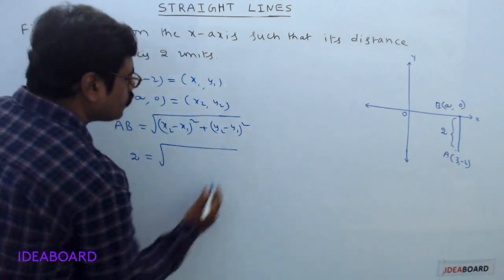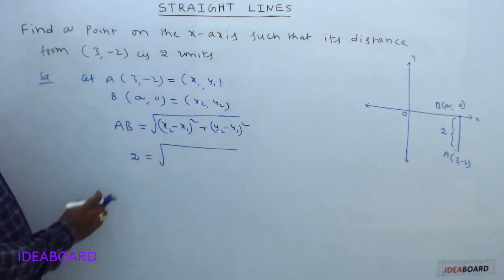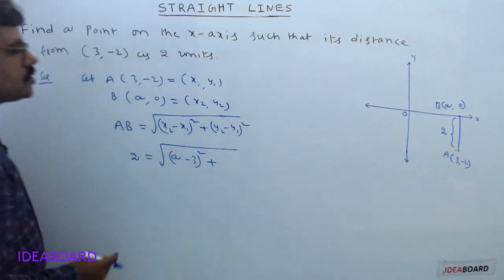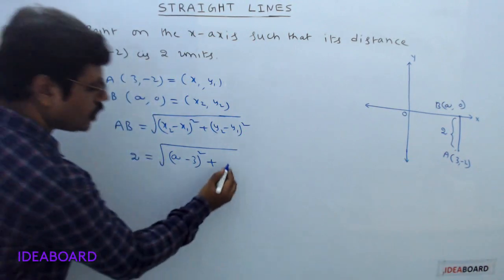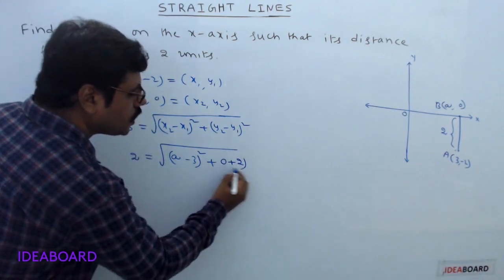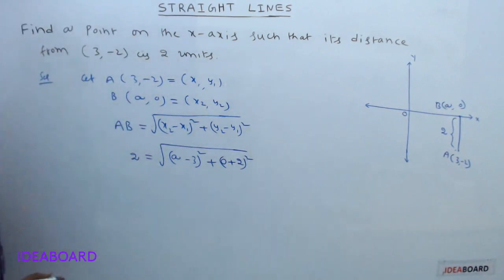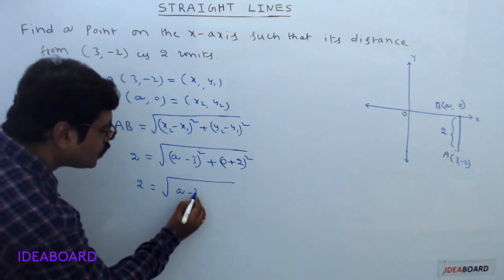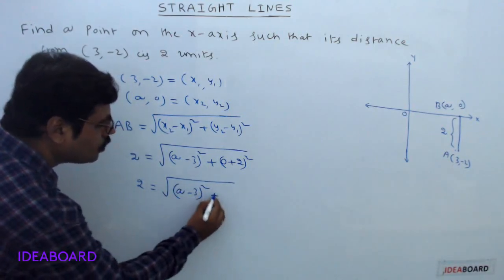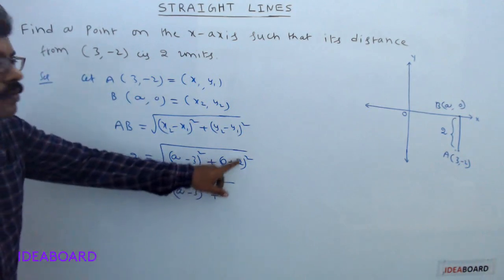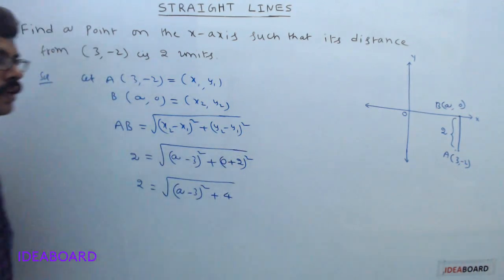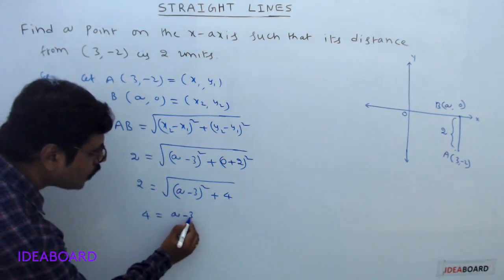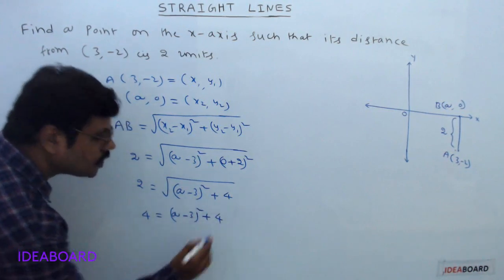It is the square root of (a minus 3) whole square plus (0 minus of minus 2, that is 0 plus 2) whole square. Now 2 equals the square root of (a minus 3) whole square plus 2 square, 4. Squaring on both sides, it is 4 equals (a minus 3) whole square plus 4.